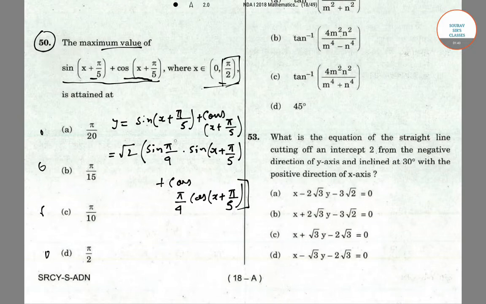So we have simply found it will be root 2 into sin pi/4 sin(x + pi/5) plus cos pi/4 cos(x + pi/5).